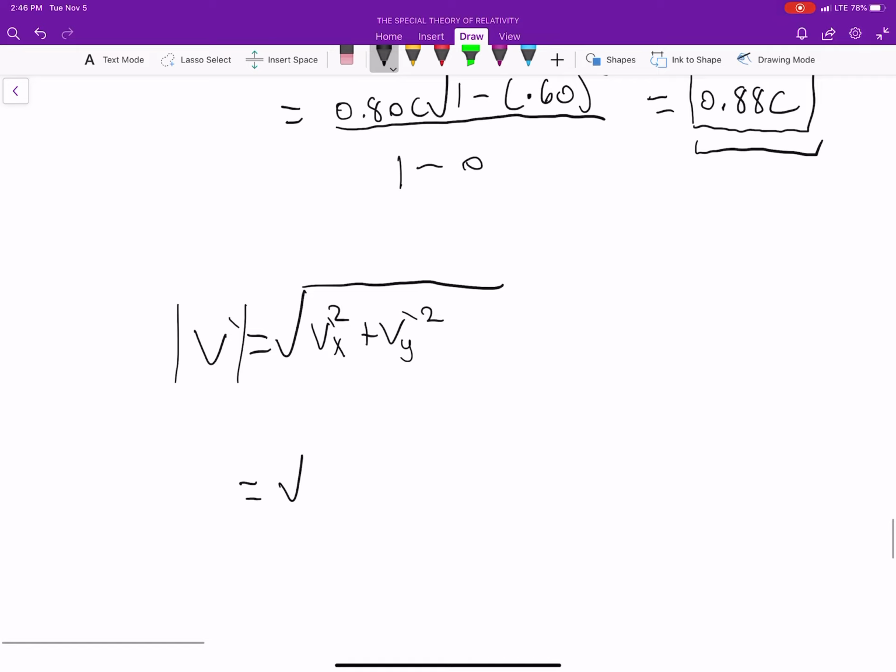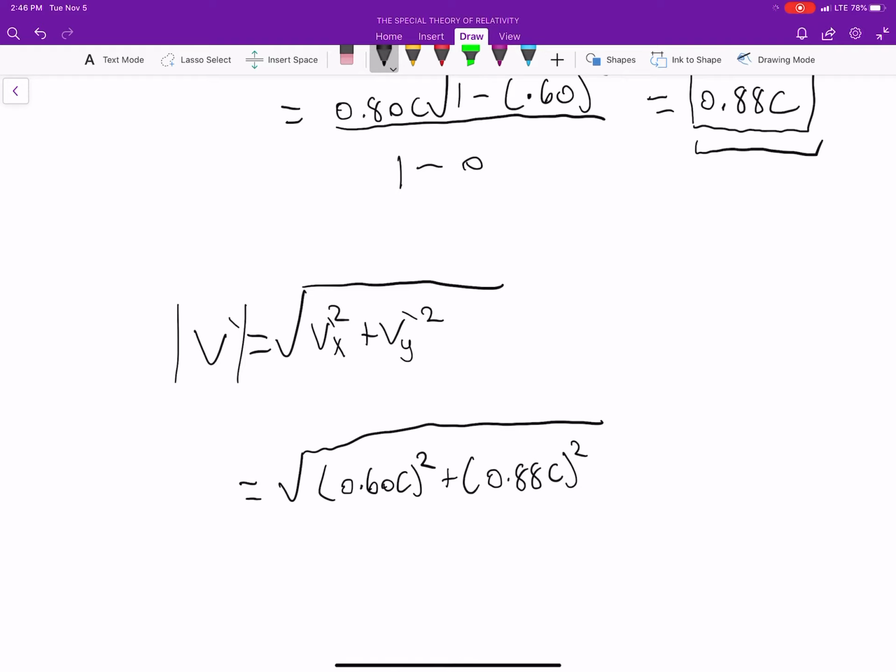So what did we say this was? Negative 0.6, negative, but it's being squared, so it doesn't really matter. Plus, now we're saying that this is 0.88c squared.